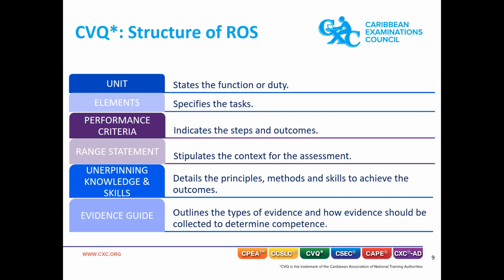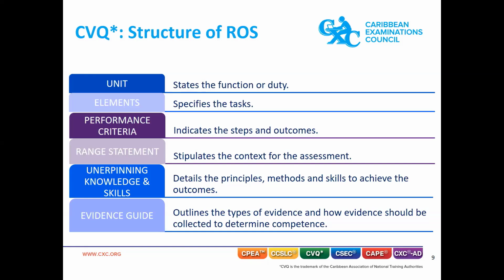And then we have the underpinning knowledge and skills, and this details the principles, the methods, and skills to achieve the outcomes. And then this is what is crucial now for your portfolio, the evidence guide, because it outlines the types of evidence and how the evidence should be collected to determine competence.